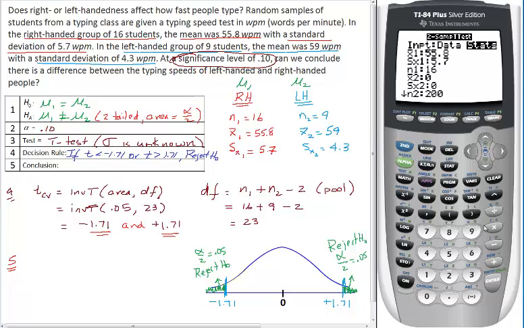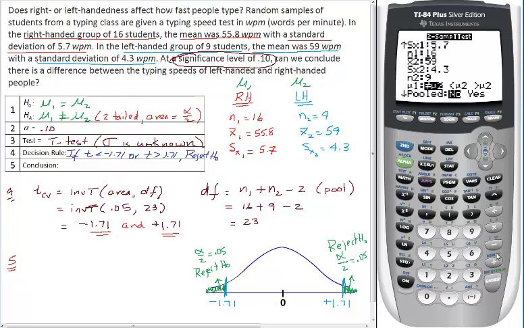Next it asks us for the mean of the second group, 59 words per minute. 4.3 is the standard deviation, and the sample size is 9. Going down now, determine is it two-tailed? It is a two-tailed test, so make sure that's highlighted, which it is.